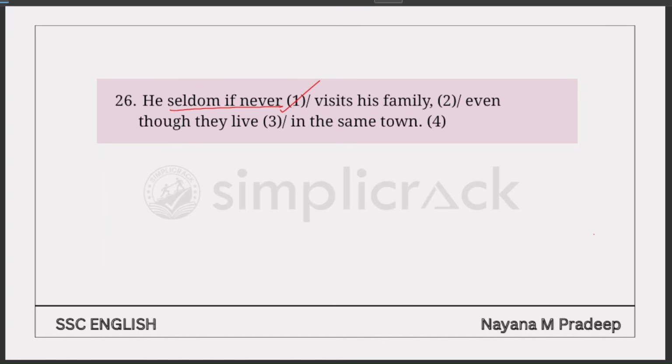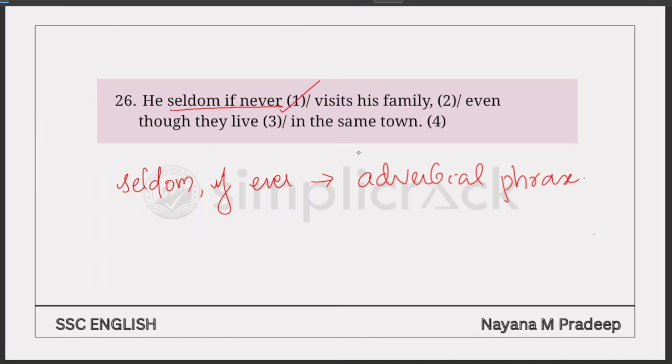What is wrong? It is seldom, if ever. This is an adverbial phrase. What does it mean? Seldom, if ever. It actually means rarely. Something that happens very rarely or almost never. That is the meaning of seldom.